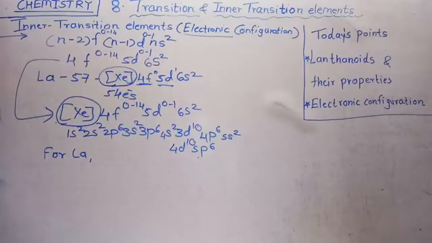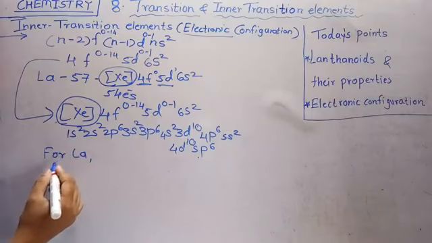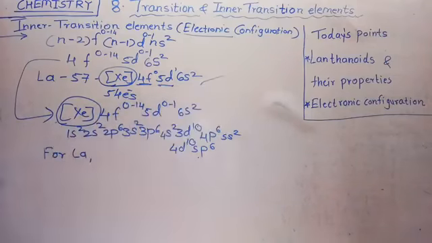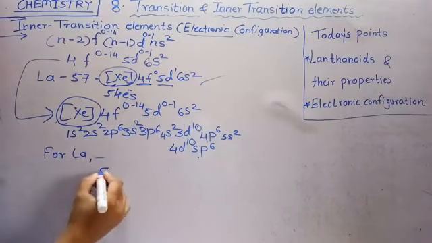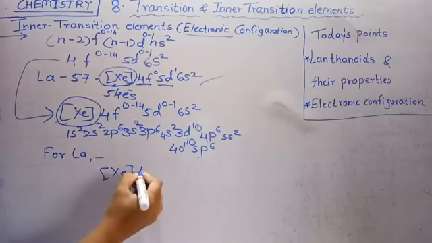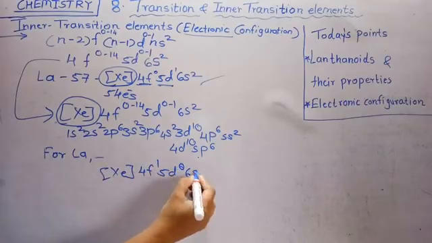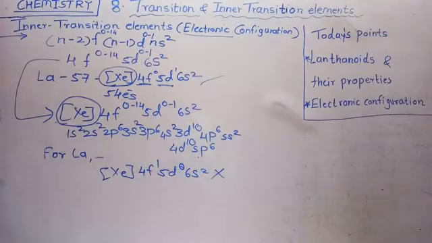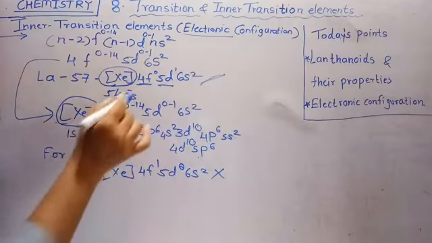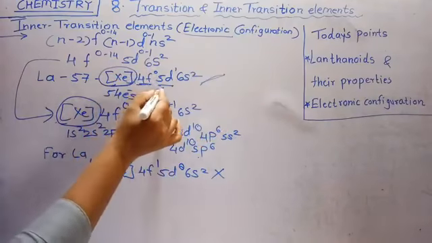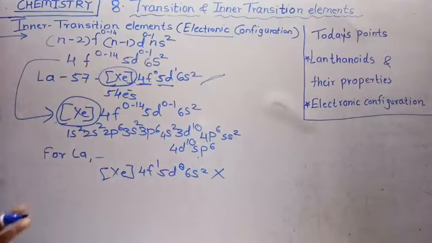The 4f orbital is slightly higher than the 5d orbital. So lanthanum shows the electronic configuration xenon 4f0, 5d1, 6s2. Instead of xenon 4f1, 5d0, 6s2, this is wrong. This is the correct one, because 4f has the higher energy level as compared to 5d for lanthanum.